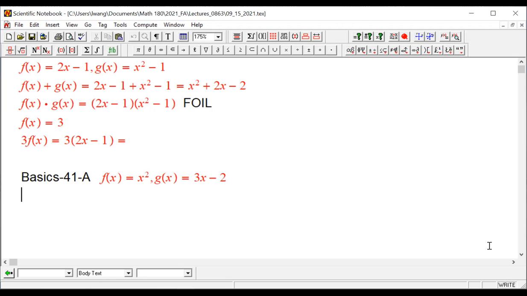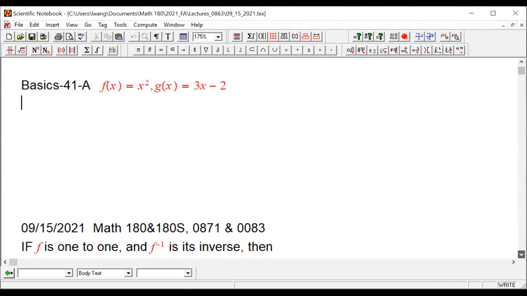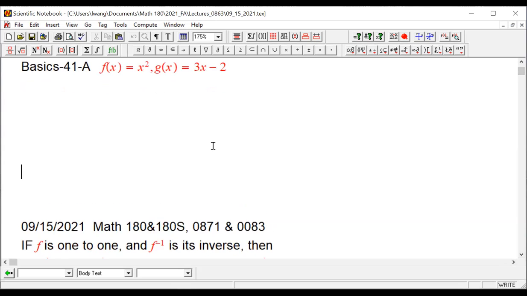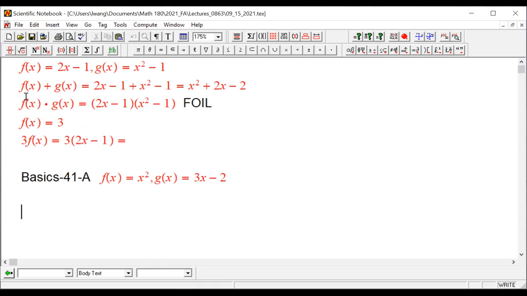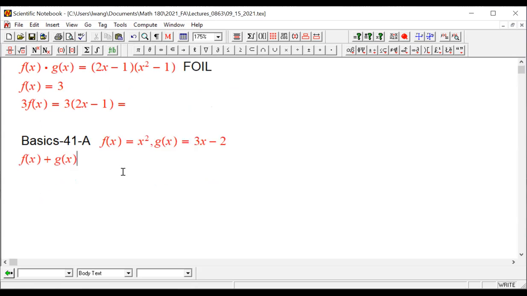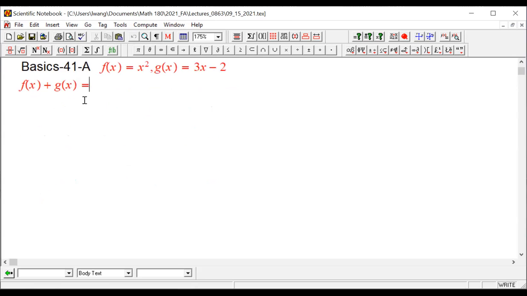You were just talking about number 1. For number 1, you just go by the definition. The definition tells you to just add the two functions. So that's going to be x squared plus 3x minus 2. That's f plus g. That's it, you literally just leave it like that.